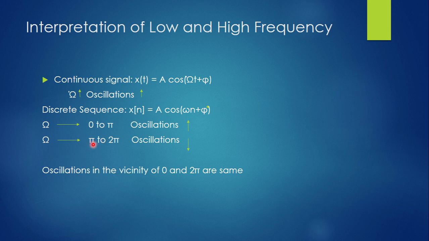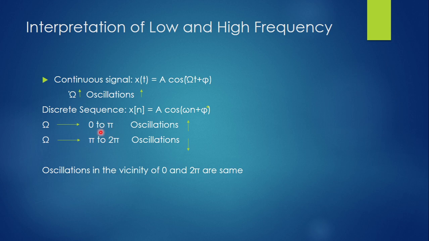You keep on increasing the frequency from pi to 2 pi, the oscillations will decrease. It does not keep on increasing as compared to the case of the continuous signals. So 0 to pi, oscillations increase, pi to 2 pi, the oscillations decrease. So it will have the maximum oscillations at pi and minimum at 0 and 2 pi.